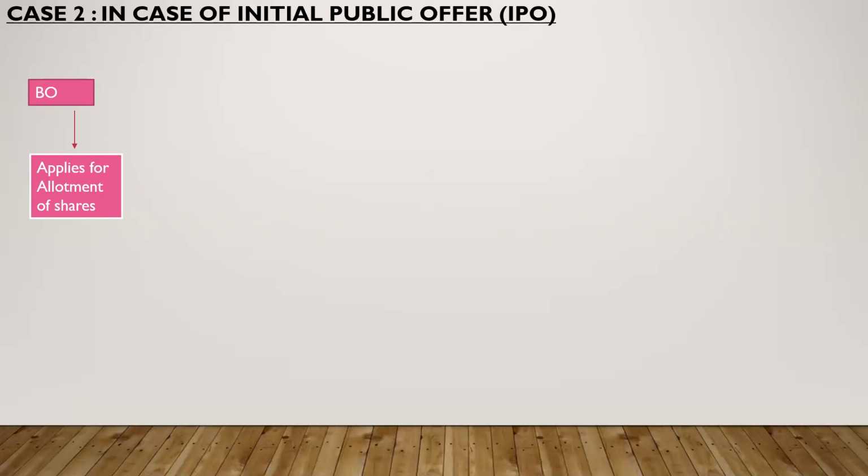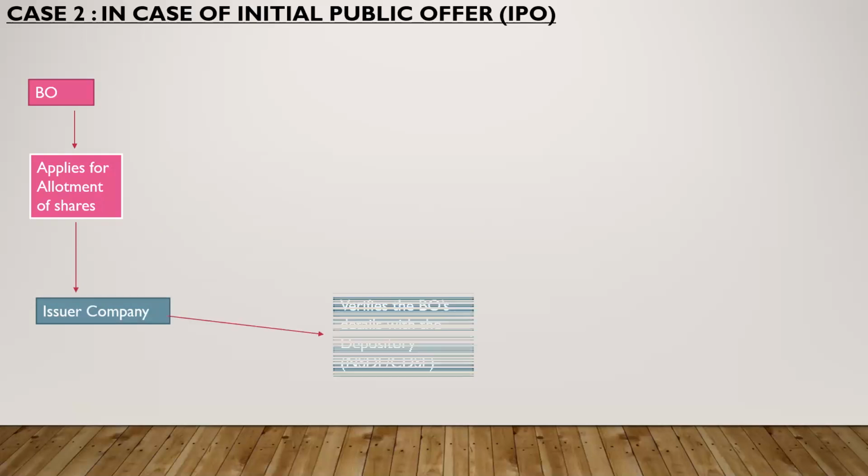So the BO applies for the allotment of share. Shares of whom? Of course, of the issuer company. Now what happens is the issuer company verifies the BO's details with the depository. This BO has already opened a demat account with the depository if he is applying for the shares of the company.